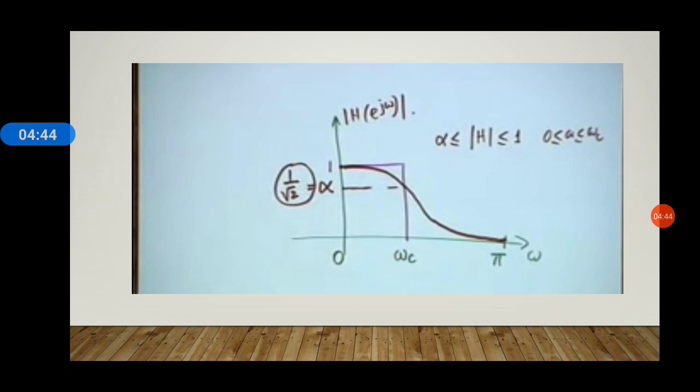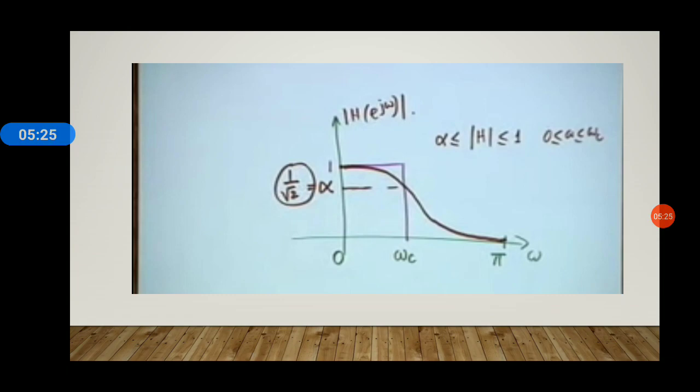If we take 20 log 10 of 1 by root 2, it is minus 3 dB, because 20 log 10 of 1 is 0. Anything below that is negative. So it is the minus 3 dB point, or when the magnitude falls 3 decibels lower than the maximum magnitude, the frequency is called the cutoff frequency.